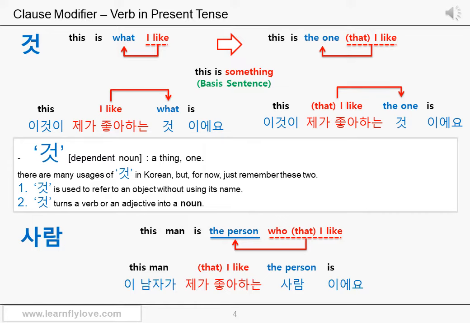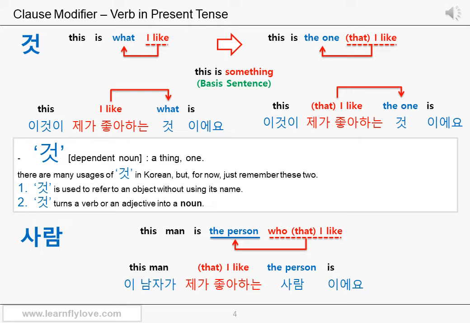Because this sentence is in the English sentence pattern number 3. The subject equals the complement. This or that or it means an object or a thing in Korean. That's why you should make the subject look like a person when the complement is a person. Then why did we not add anything to the first example? This is the one that I like.